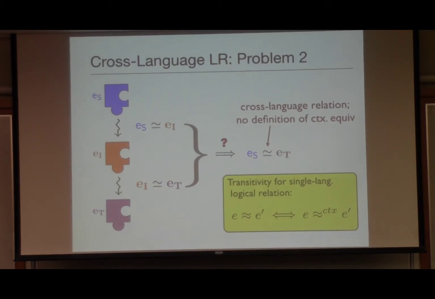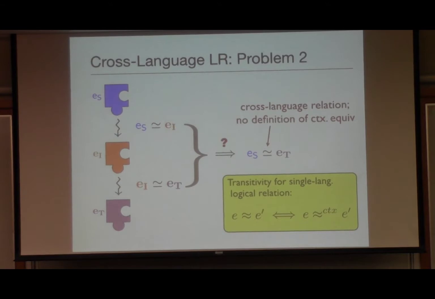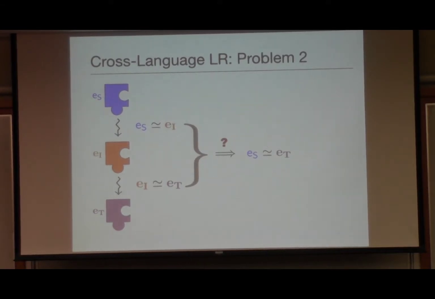On the right-hand side, I can plug that ES component into source language context, source language programs. On the other side, I can only plug it into target level context. So there's no single context that I can use for both sides to plug them into, which is what contextual equivalence does, right? Okay, so there's no definition of contextual equivalence we can use.